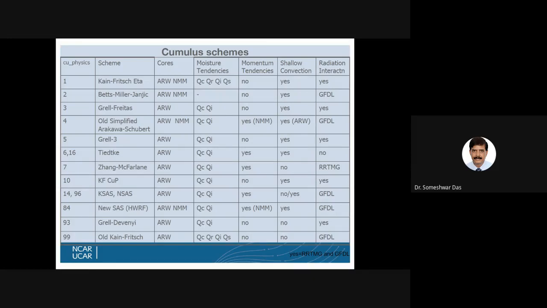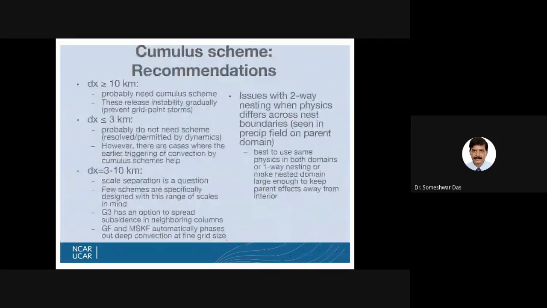What is recommended? Which one should you use? From the experience of several studies and experiments, people have summarized their experience. If you have a grid size which is greater than or equal to 10 kilometers, then probably you need a cumulus scheme. These release instability gradually and prevent grid point storms.